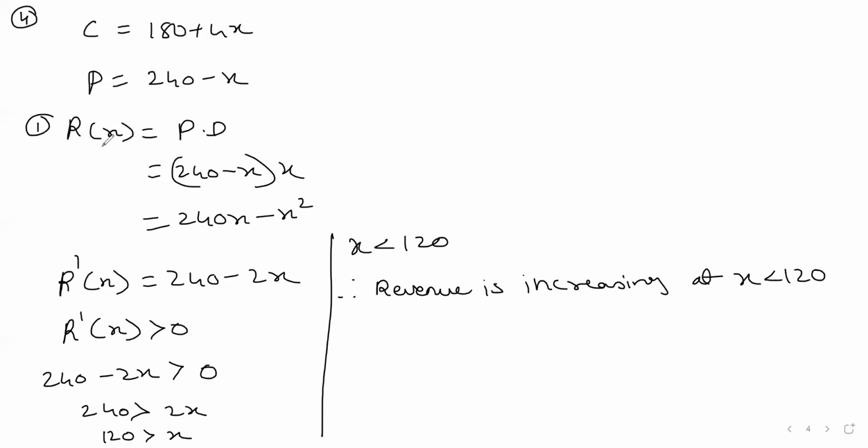This was for the first one. Second, they want profit to be increasing. Profit function is revenue minus cost function.